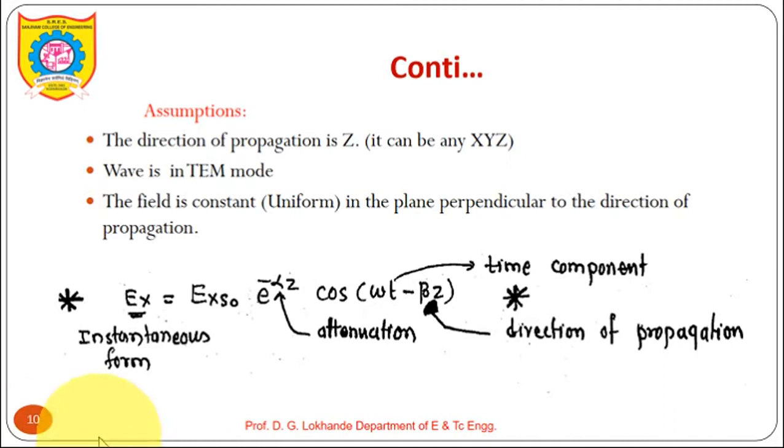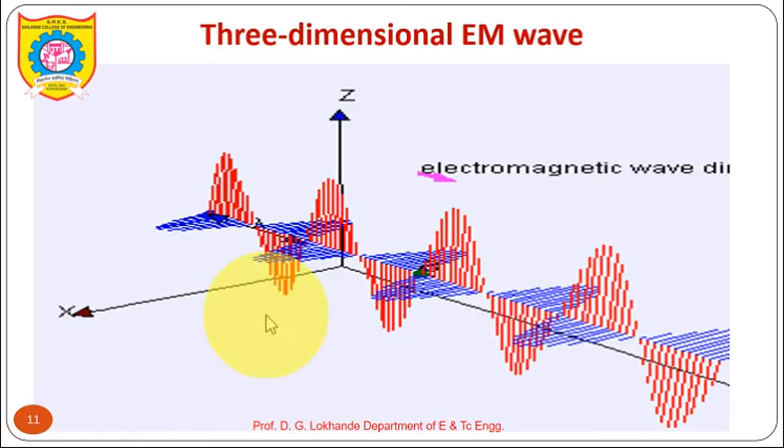So the final equation is E_x equal to E_x0 e raised to minus alpha Z cos of omega t minus beta Z, where E_x is the instantaneous form, alpha is the attenuation constant, beta is the phase constant, and t is time. This is the three-dimensional EM wave propagating in a particular direction, with the fields available in the X and Z directions.